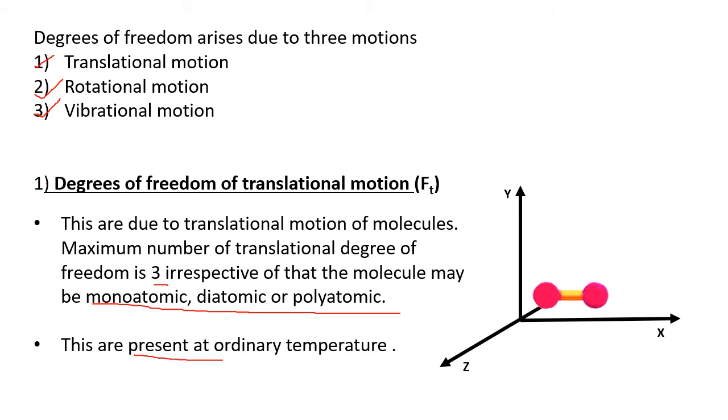These are present at ordinary temperature. So the degrees of freedom arise due to the translational motion along the x, y and z axis. So the degree of freedom is 3 in case of translational motion. In this case, it is diatomic.